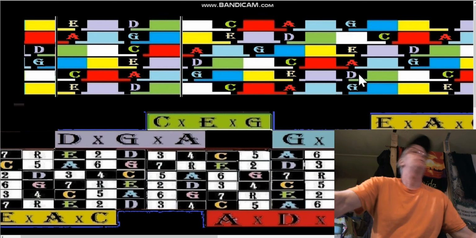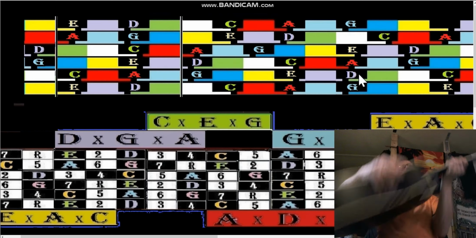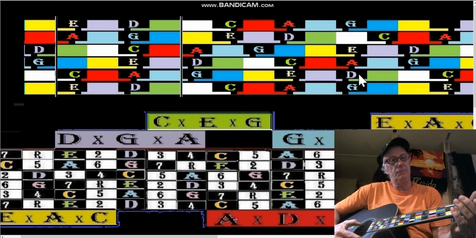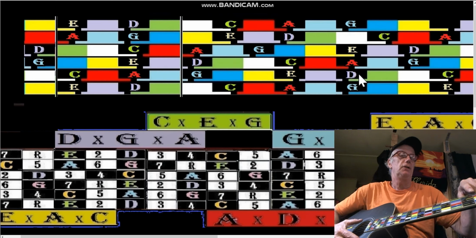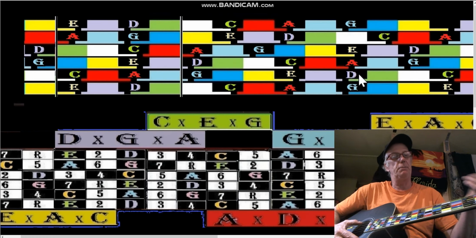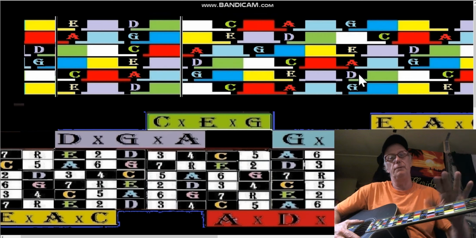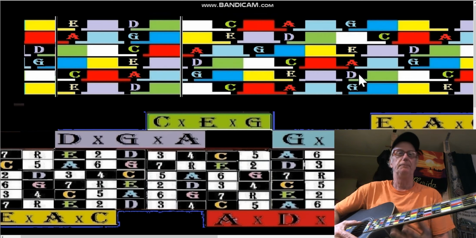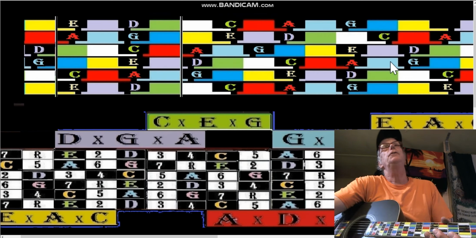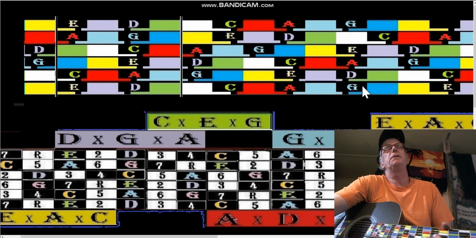When I say the bottom string, if I'm playing like this, the bottom string is actually what people consider the top string of the guitar. I consider it the bottom because it's got the low note. So these letters are the CAGED shapes of the bottom string.